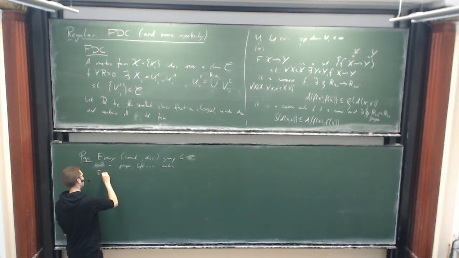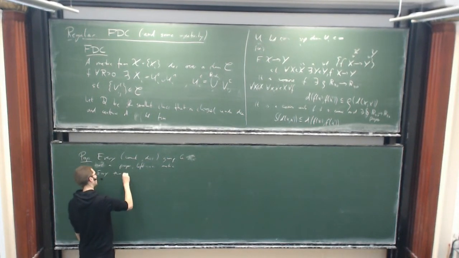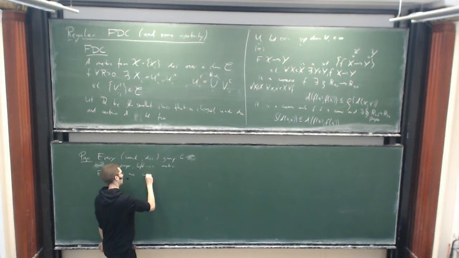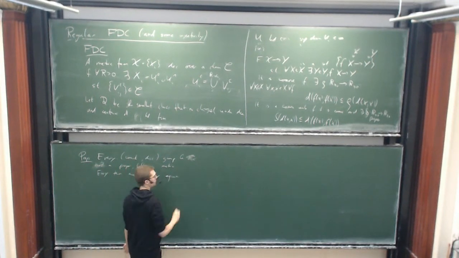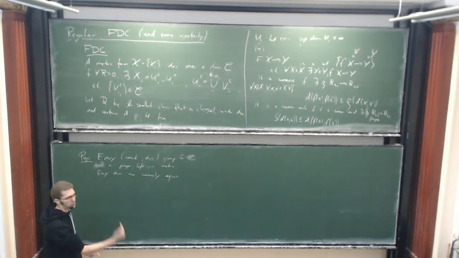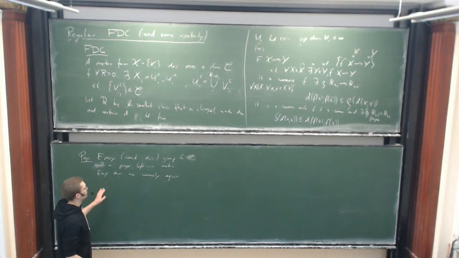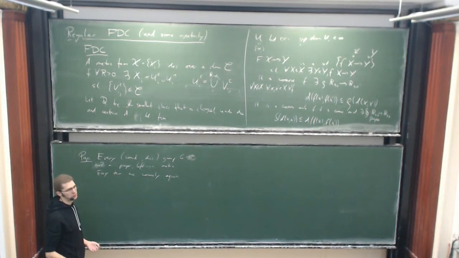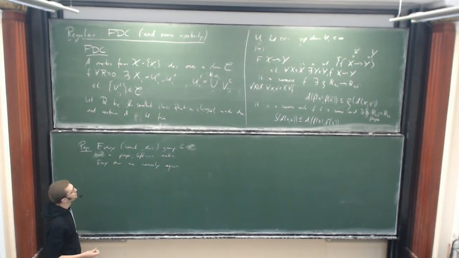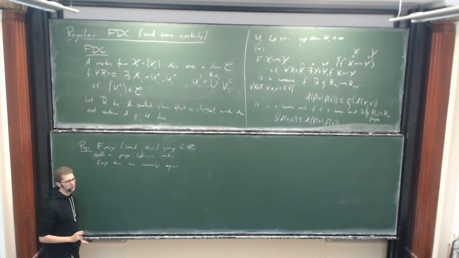And every two are coarsely equivalent. The identity on the group with the two metrics will be a coarse embedding. So we can say a group has FDC if and only if it has it for some and then all proper left invariant metrics.